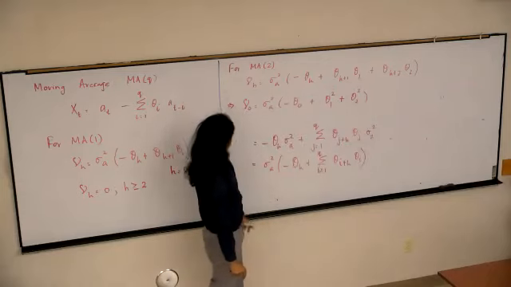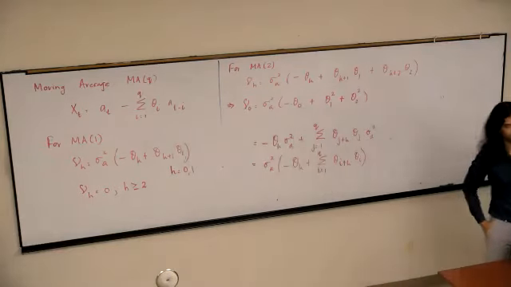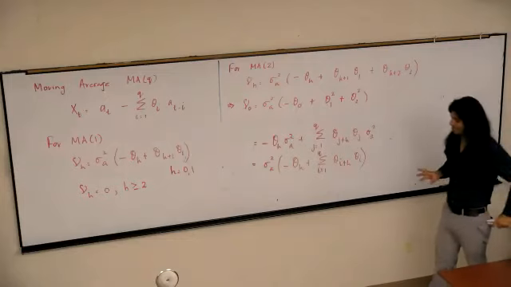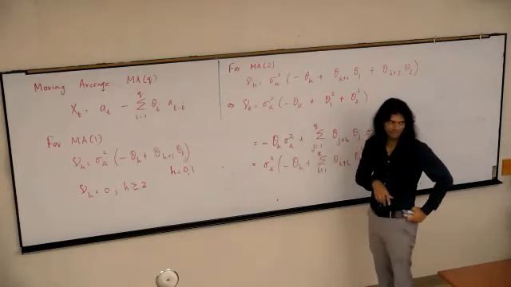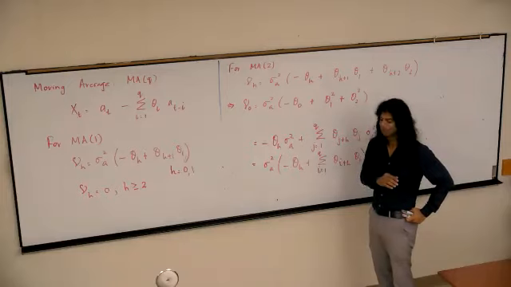What is the value of theta sub 0? Thetas are the coefficients of a sub t minus i, right? So what is theta sub 0? Is it 1 or is it minus 1?